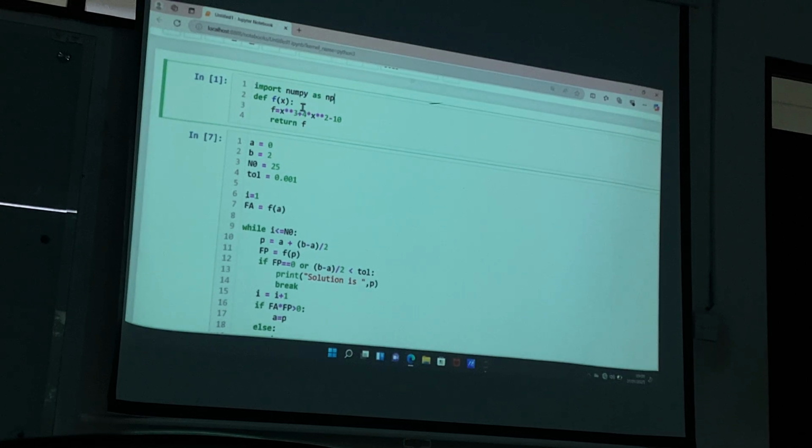We need numpy for the exponential function, so I import numpy. F is np.exp of x minus x squared plus 3 times x minus 2.